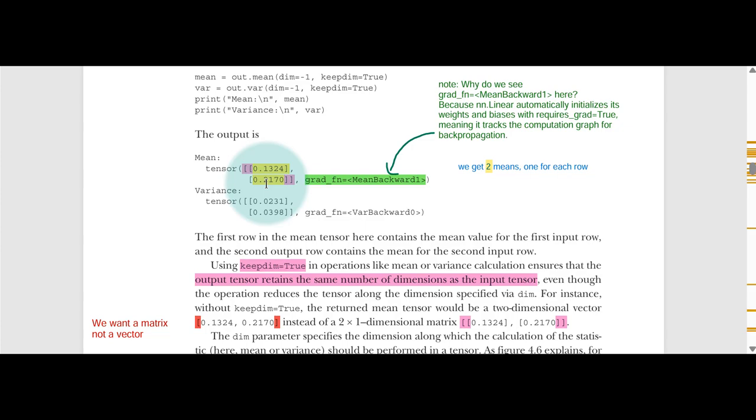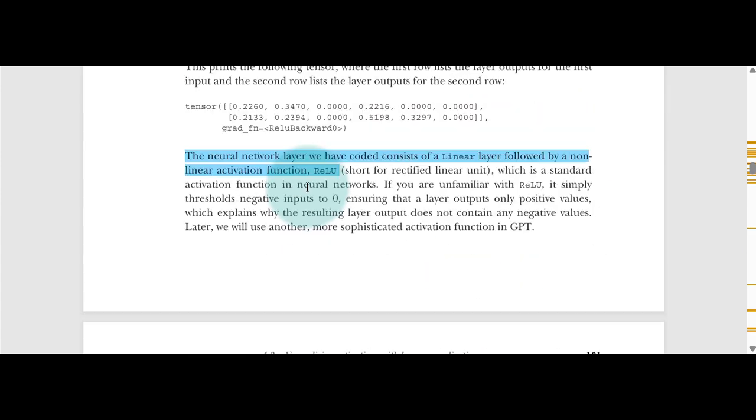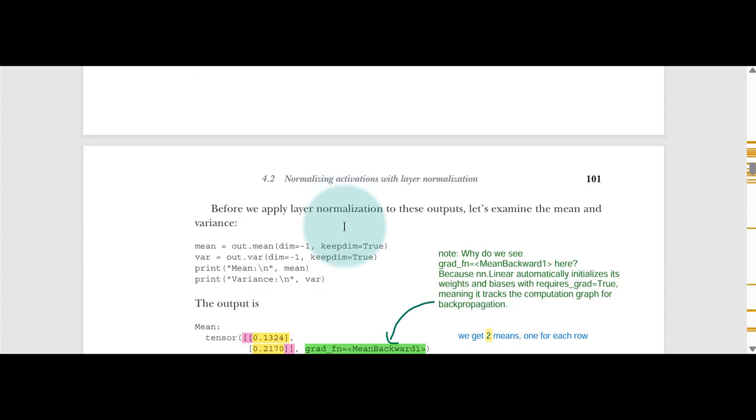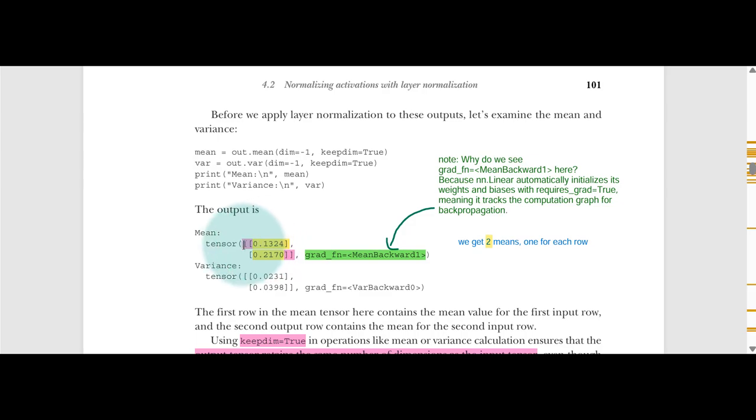We really only need a one-dimensional tensor, but that's not what we're doing. We're expressing it as a two-dimensional tensor, and the original input was also a two-dimensional tensor. So if you want to keep that, you can see here that this has 2 square brackets and 2 square brackets. You don't really need that to just convey this information, but he wants to keep it in that form, and that's what keep dim equals true does.